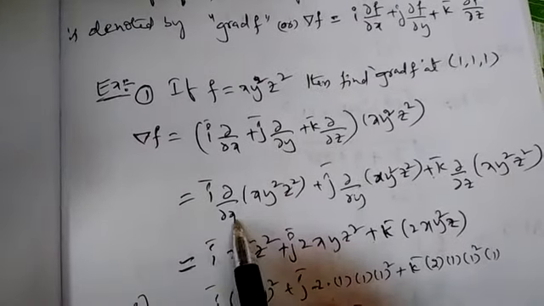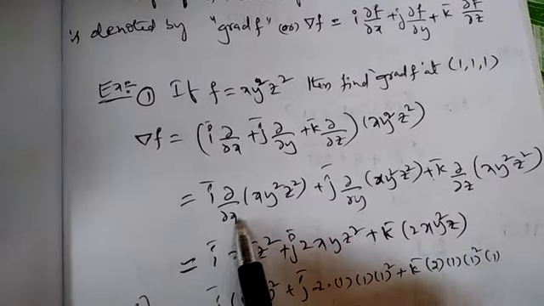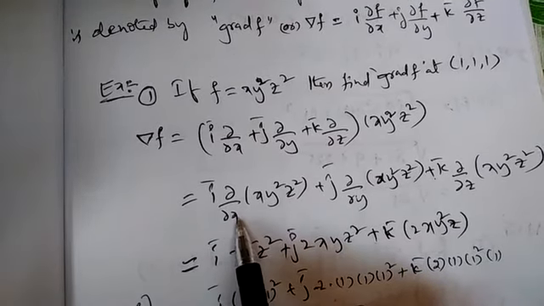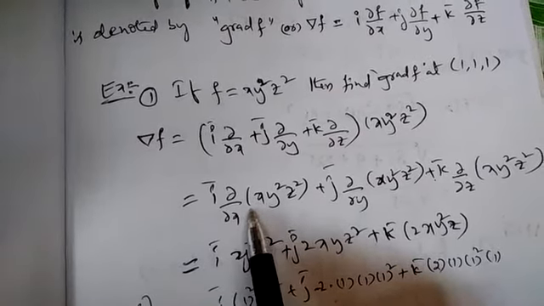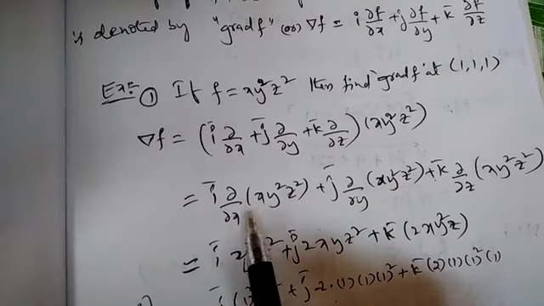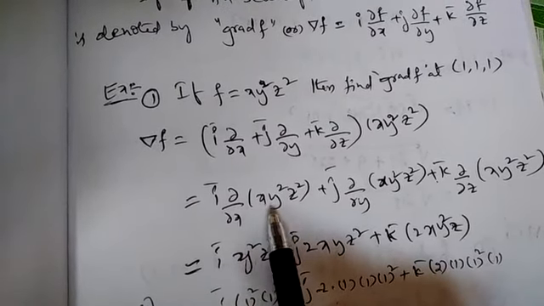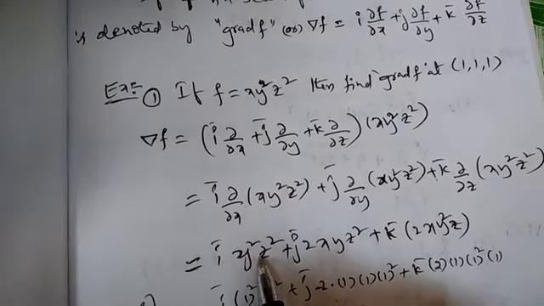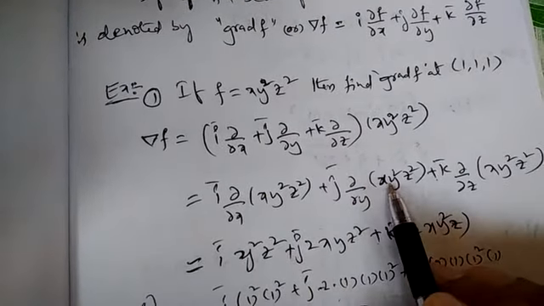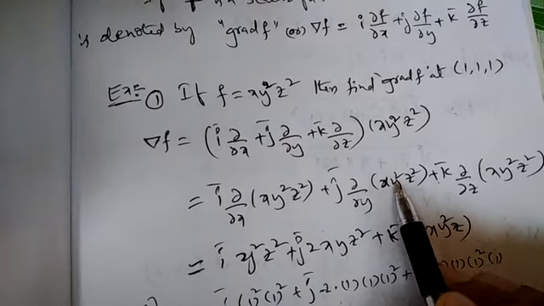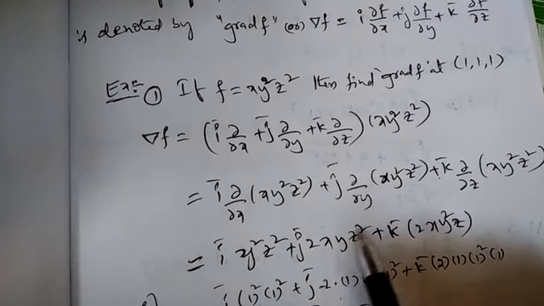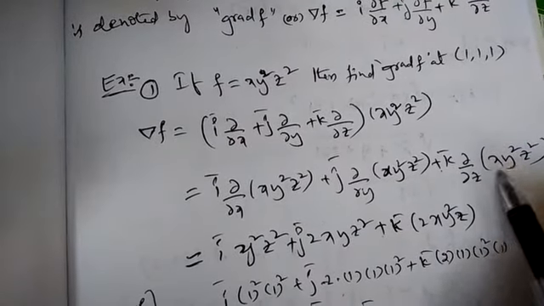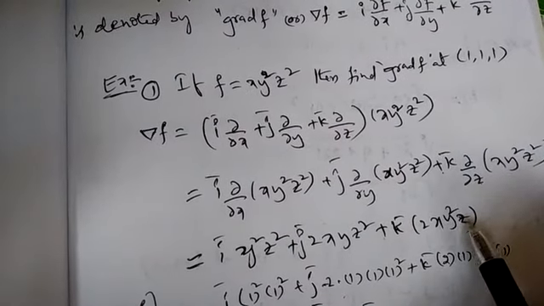Now this is the derivative along x. Apply the derivative with respect to x here. The x derivative is 1, remaining y square z square, plus along y, the derivative of y square is 2y, remaining x z square as it is, plus k into x y square as it is, and the z square derivative with respect to z is 2z.